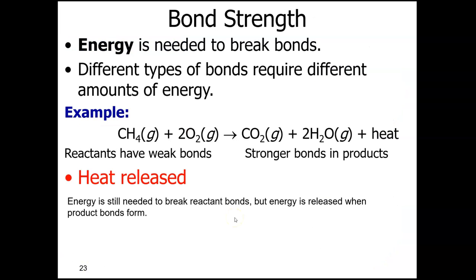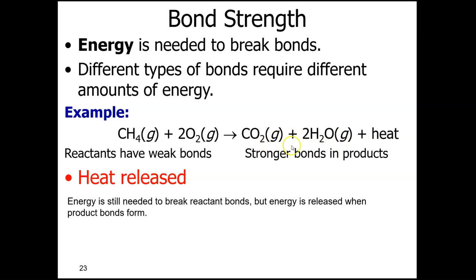Let's look at a specific example of this in a chemical reaction. If we're looking at methane gas plus 2 units of oxygen gas, they react to form carbon dioxide gas plus 2 units of water in gas form, and that is going to release heat. When we're doing this, we have to break some of these bonds and form new and different bonds.